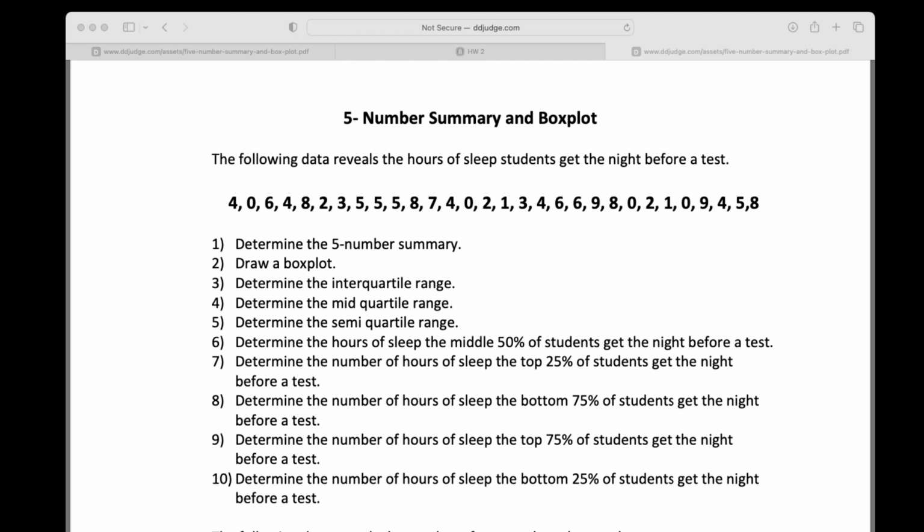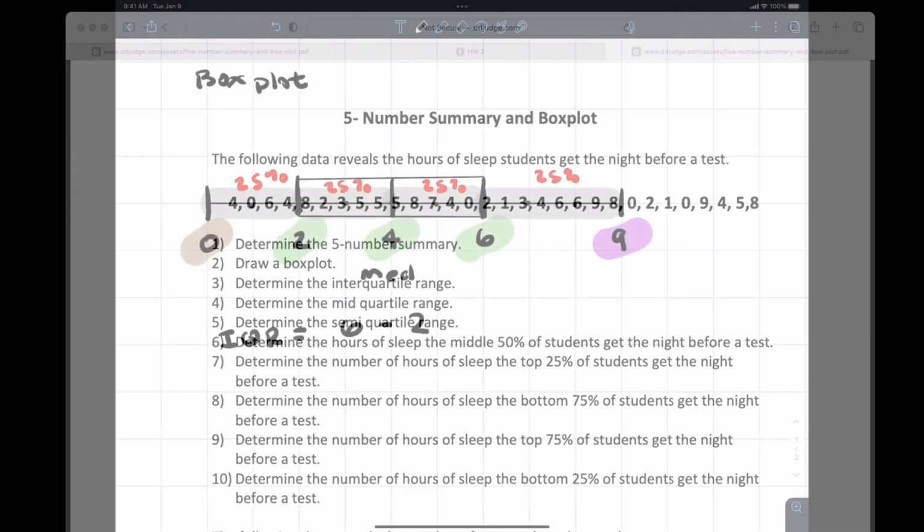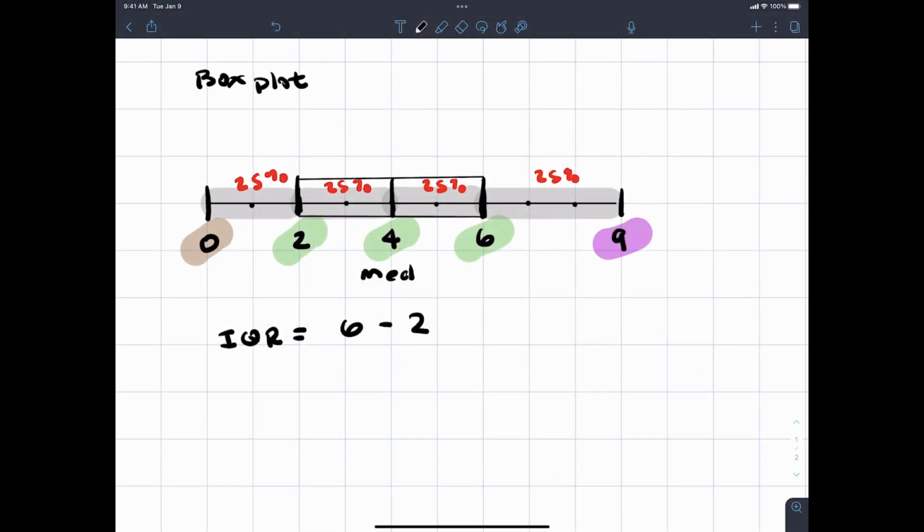Number 3, the interquartile range, by the way. IQR. Do you guys remember what that was? Q3 minus Q1, or we can simply say it's going to be 6 minus 2. Okay? And so that's going to equal what? 4.